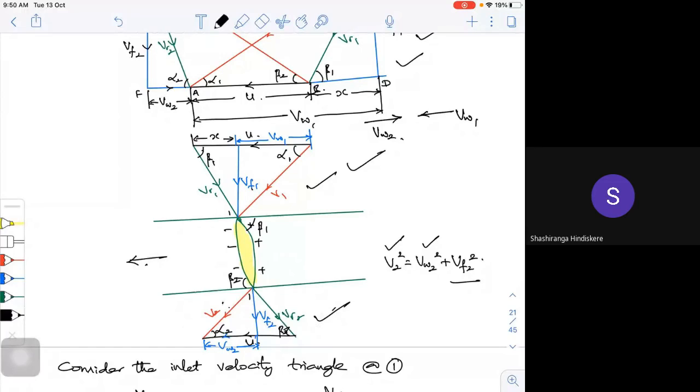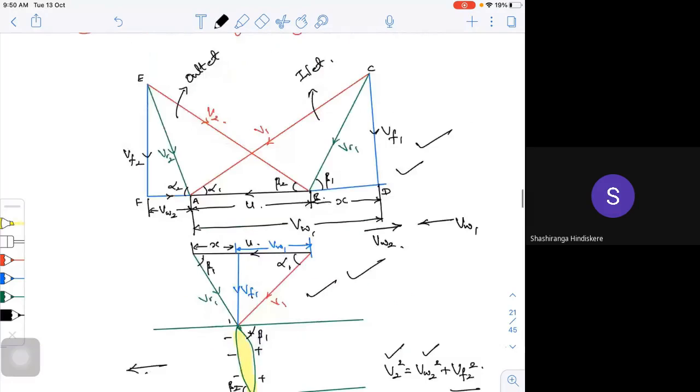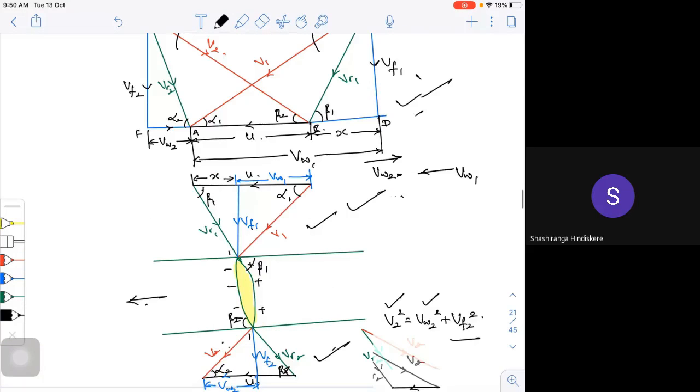That means my velocity triangle should be something like this. This is my VR2, and my V2 should be going in this direction, and this will be my U2.